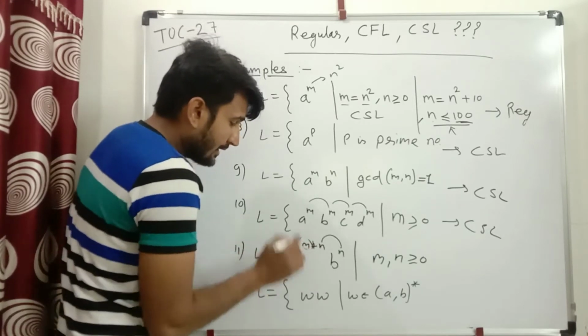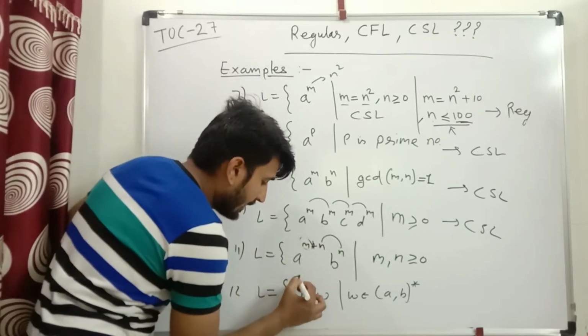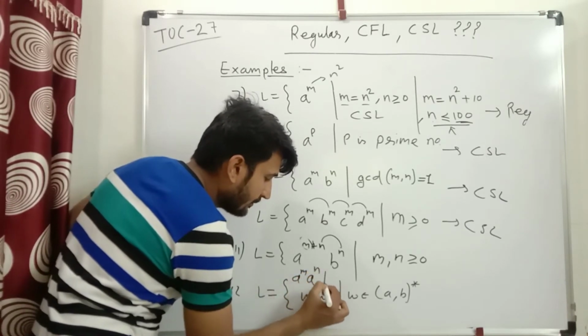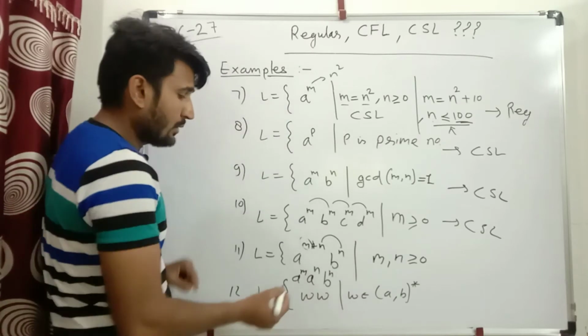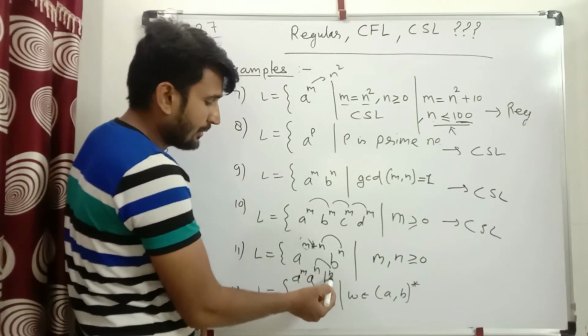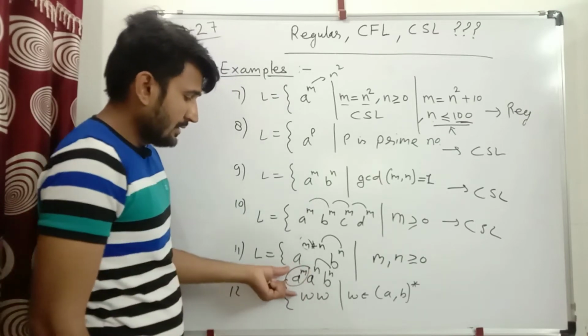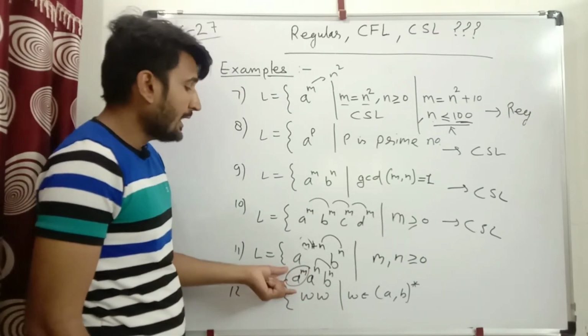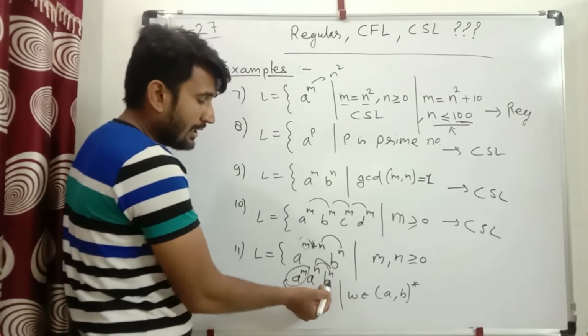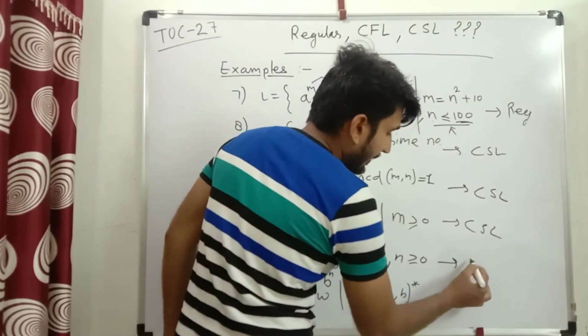We can write it like this: a power m, a power n, b power n. You can see the only comparison is with a power n, b power n. This is not comparable. There is one comparison between a power m and b power m, so it is CFL.